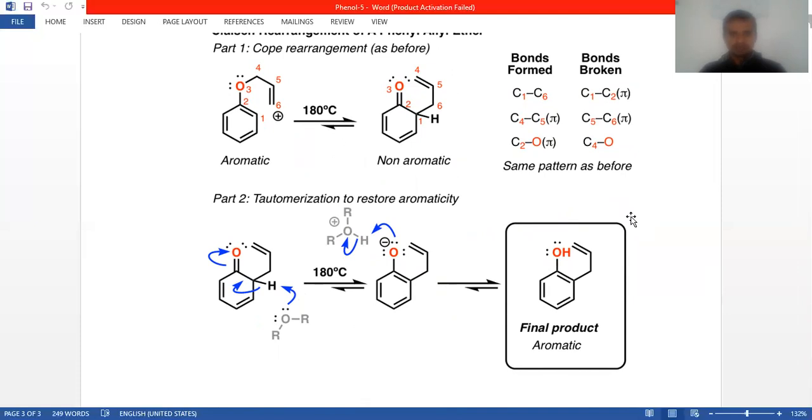They have given the example, that is this tautomerization, this proton gives to the carbon single bond. So there is formation of the double bond, and the alternate single and double bond formation takes place. So the aromaticity of this ring is restored, and there is formation of the final product.